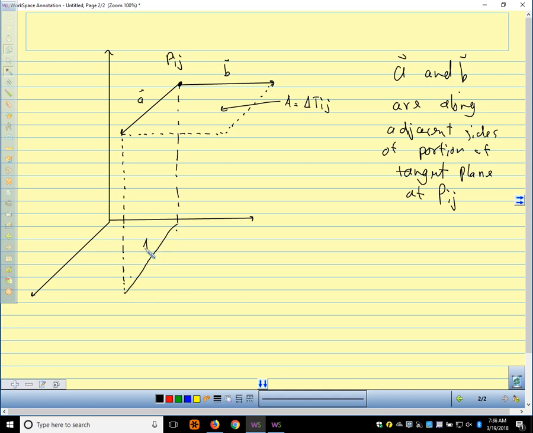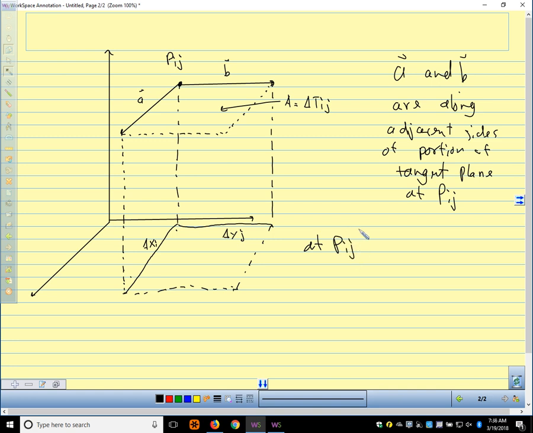We're going to call that length delta x sub i, and I'll project this down, and we'll call that length delta y sub j. So there's that portion of the tangent plane projected down into the xy plane. All right, so we can represent these vectors that are parallel to the x-axis and the y-axis at P sub ij.